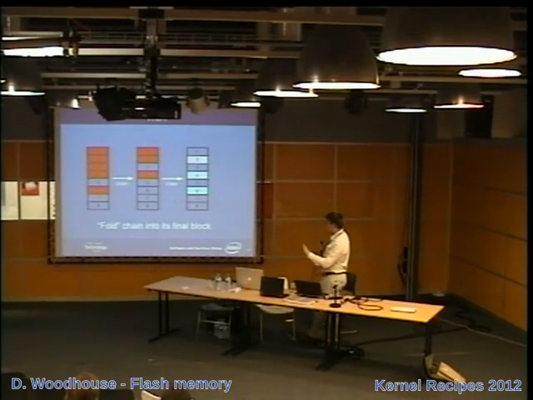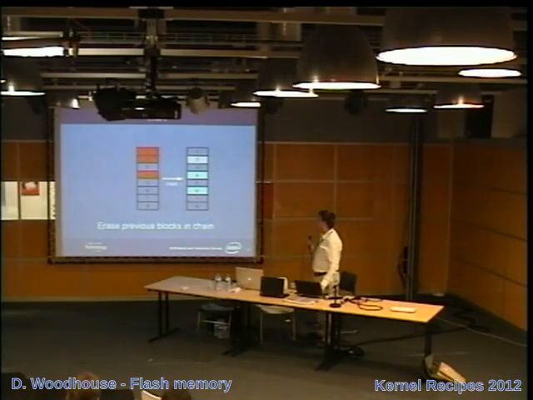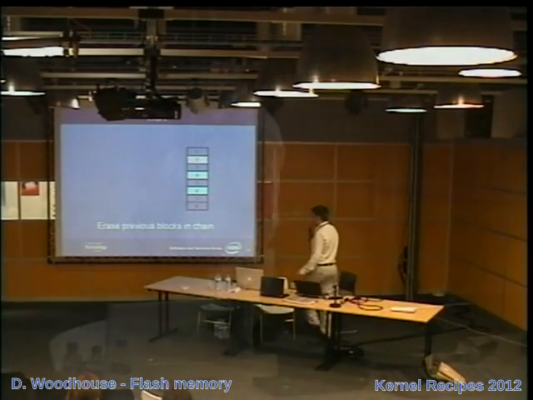Just forget them. And then when the chain is folded, in this case, it hasn't actually prevented any erases from happening, but you can see how it would. If you now want to write new data to those sectors that have been trimmed, they can go in those slots there. You don't have to add a new block to the chain as you would have done in the previous diagram.